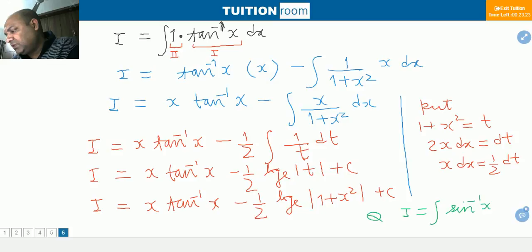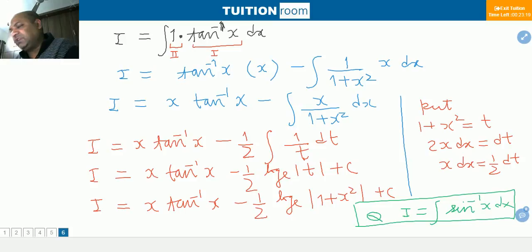So guys, please copy it, then I will move for the next problem.